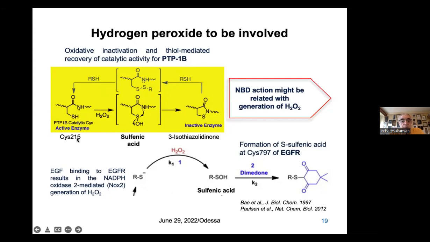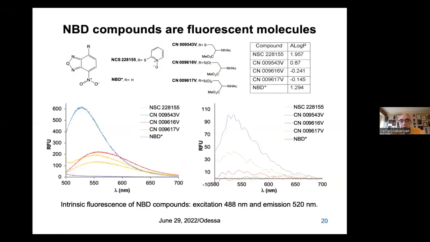This is cysteine 215, which is transformed into sulfonic acid, forming other derivatives. So in the case of EGFR, there is also generation of H2O2, which can be promoted by binding to EGFR, followed by the production of this reactive oxygen species by NADPH oxidase. It was an important suggestion which helped us to explain what we observed in our case.